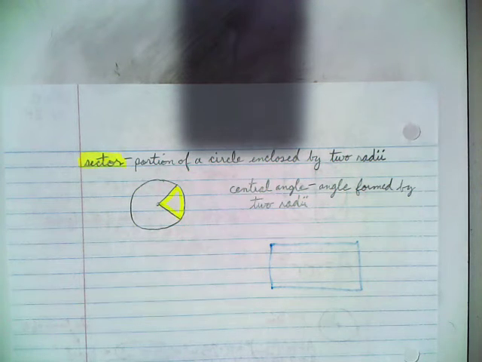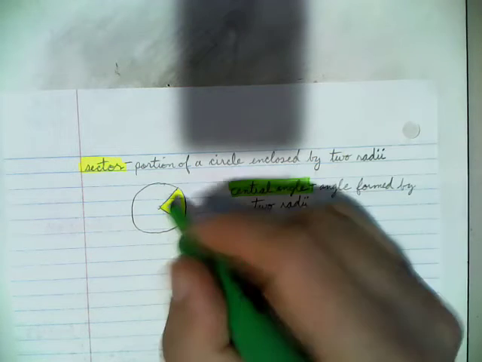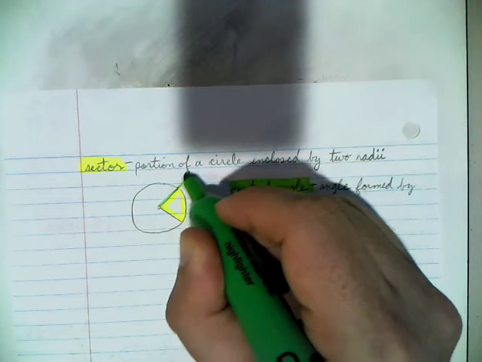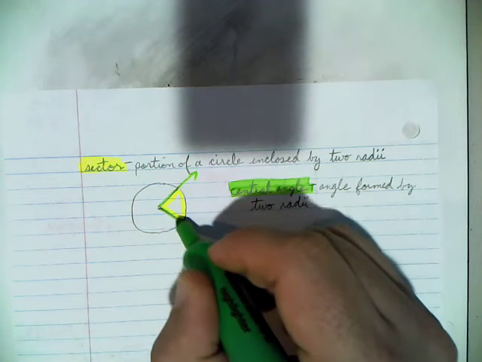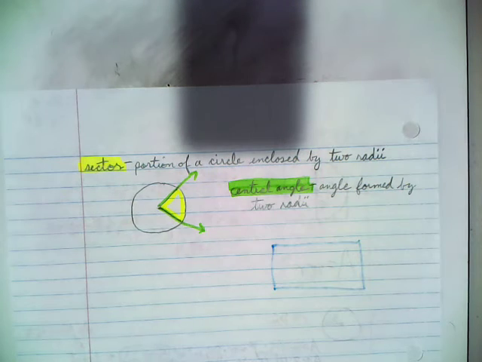And for this one, let's grab our green, please. So if I have a radius and a radius, that angle there, formed by those two radii, would be the central angle.